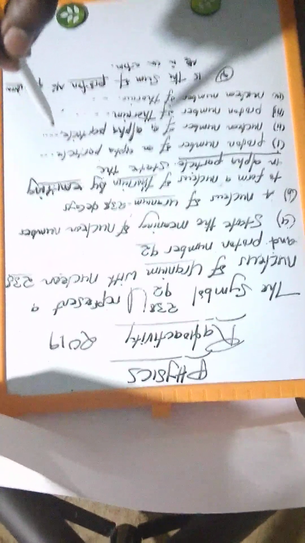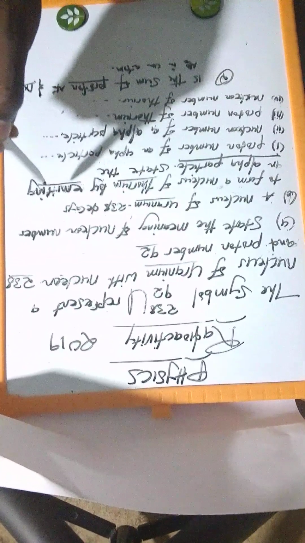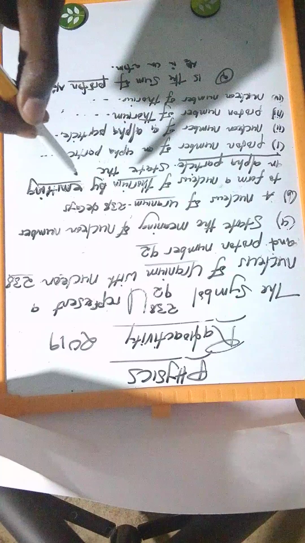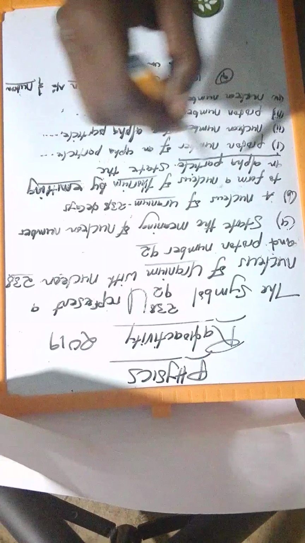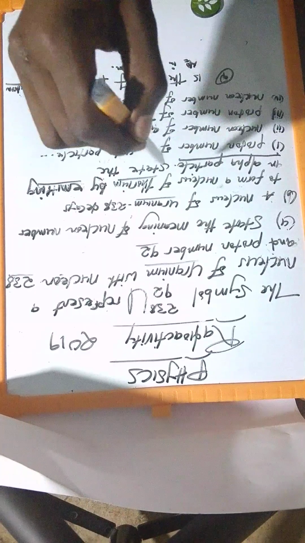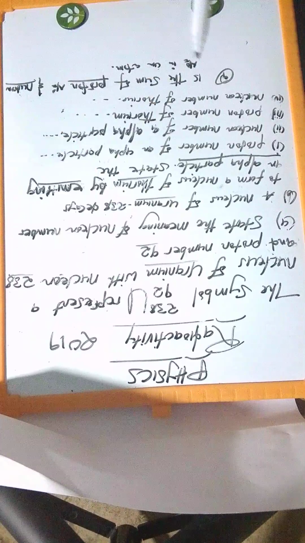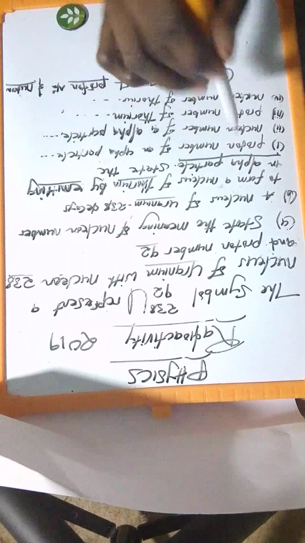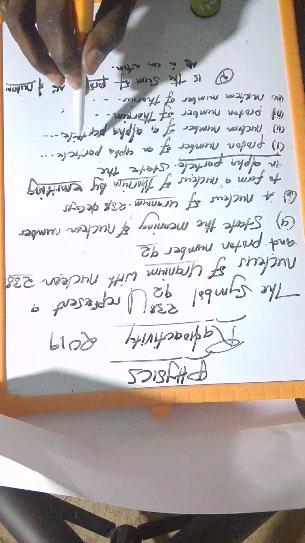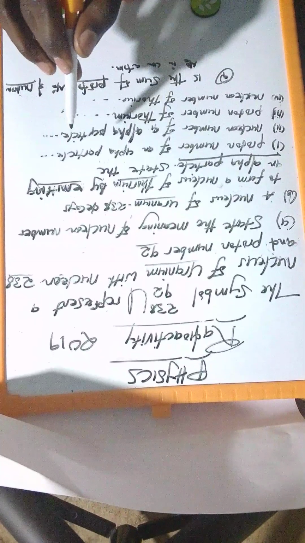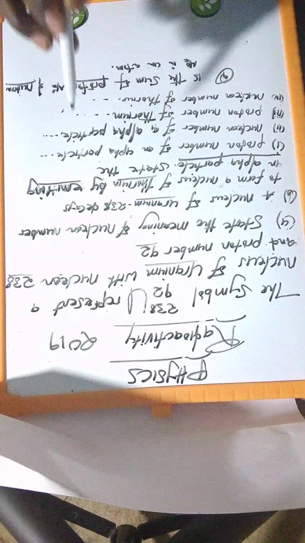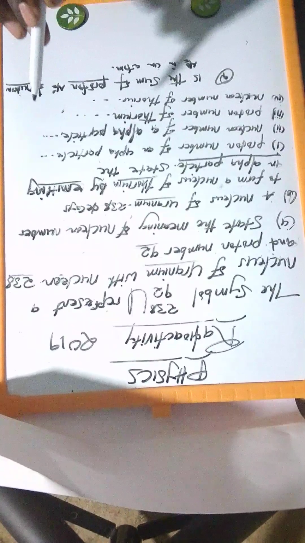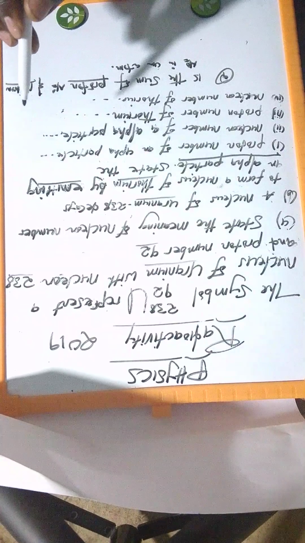Then when it decays, it will emit a radiation which is an alpha particle. Therefore, can you state the proton number of an alpha particle? Remember, the proton number of an alpha particle is what we discussed in the preamble of this video.